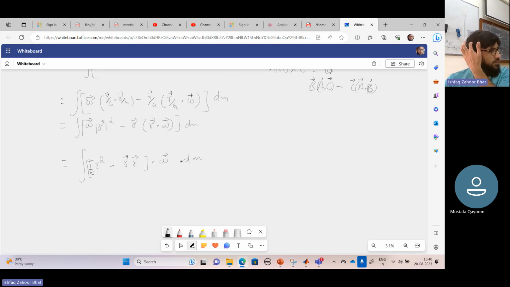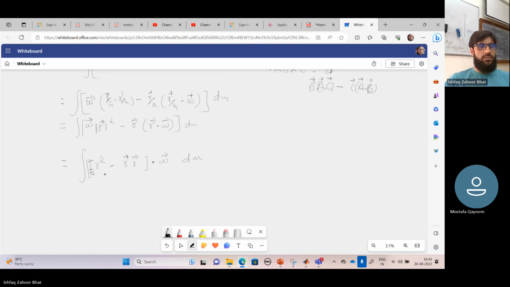So you may ask why you are doing this. It is only because I want to create some tensor. And I also know that omega of a body is not different for different points on the body.